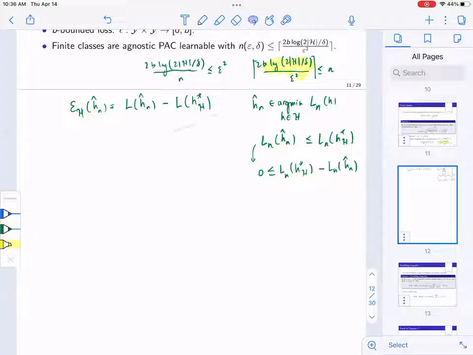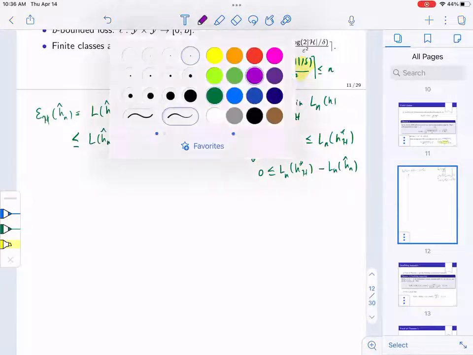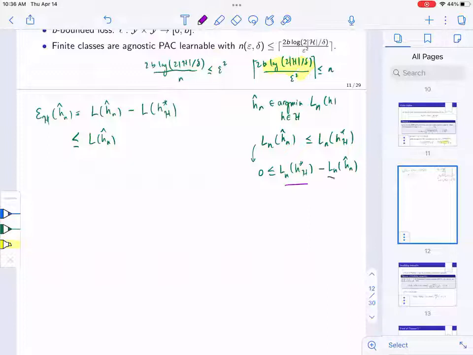If I add it to that, I get this term first, L h hat n minus L n h hat n, and then the other term plus L n h star minus L h star.